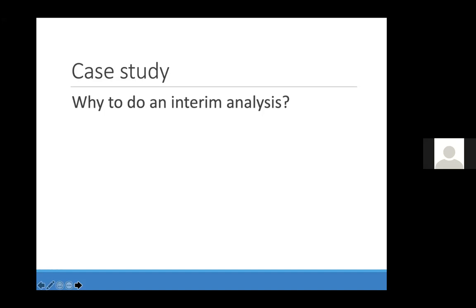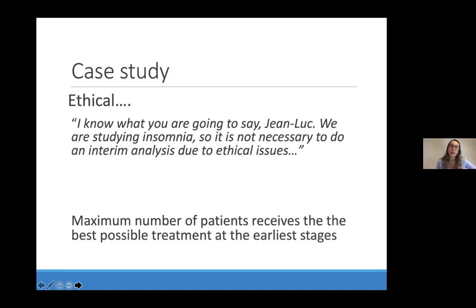In this specific case of our case study, I think one concern from Professor B is that if it is very effective, then it is of ethical concern not to give the control arm the drug which is being investigated. Yeah. So in this specific one, they were concerned about the ethical issues, right?